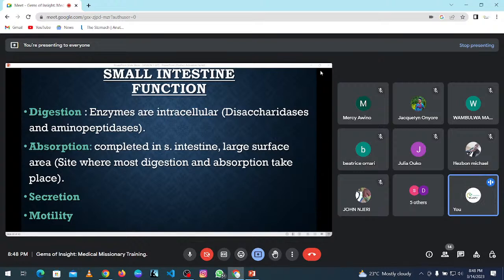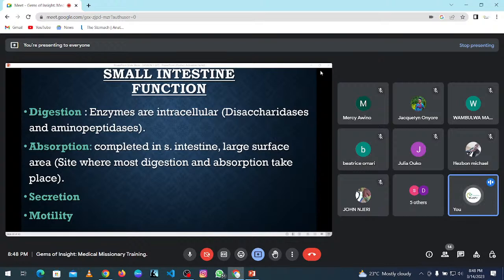Intra simply means inside the cells. So enzymes are intracellular. Disaccharidases and aminopeptidase are the ones that are largely digested in the small intestines.